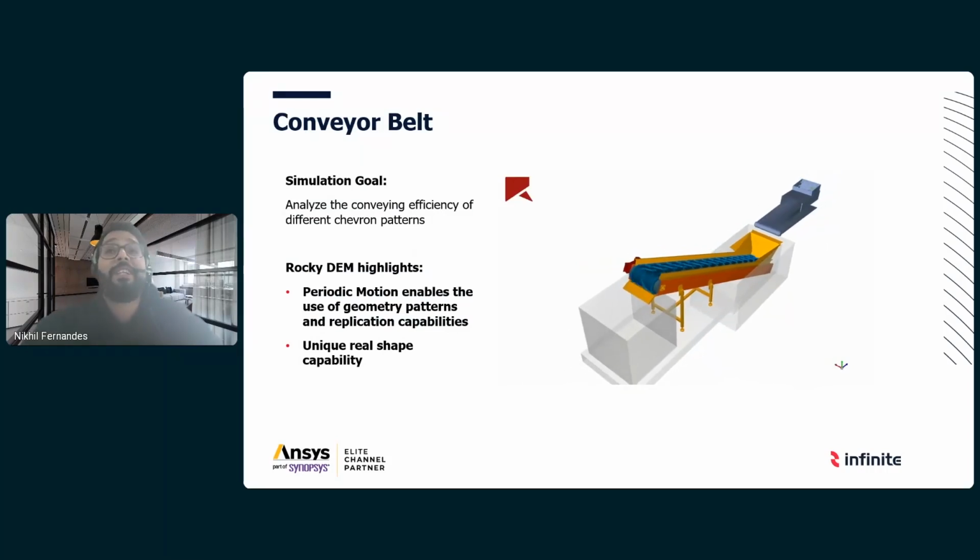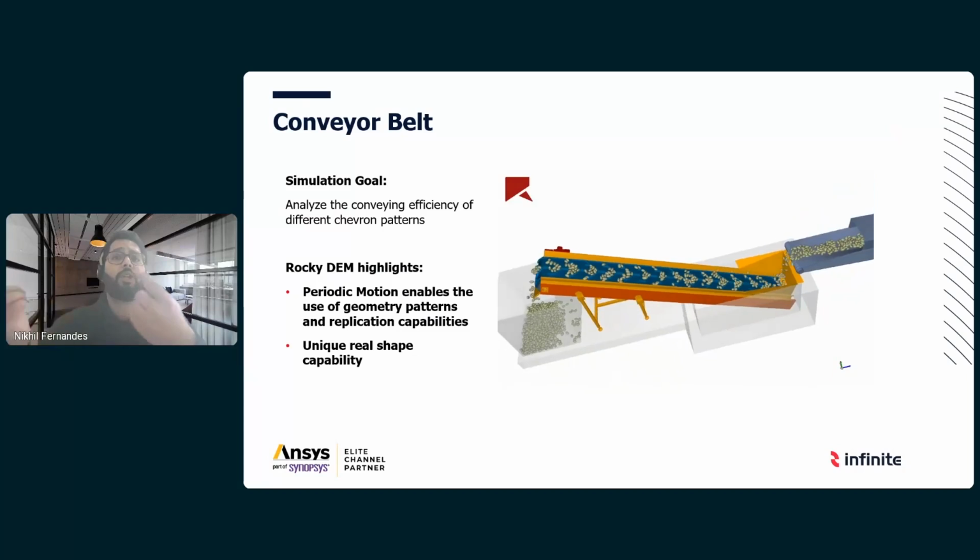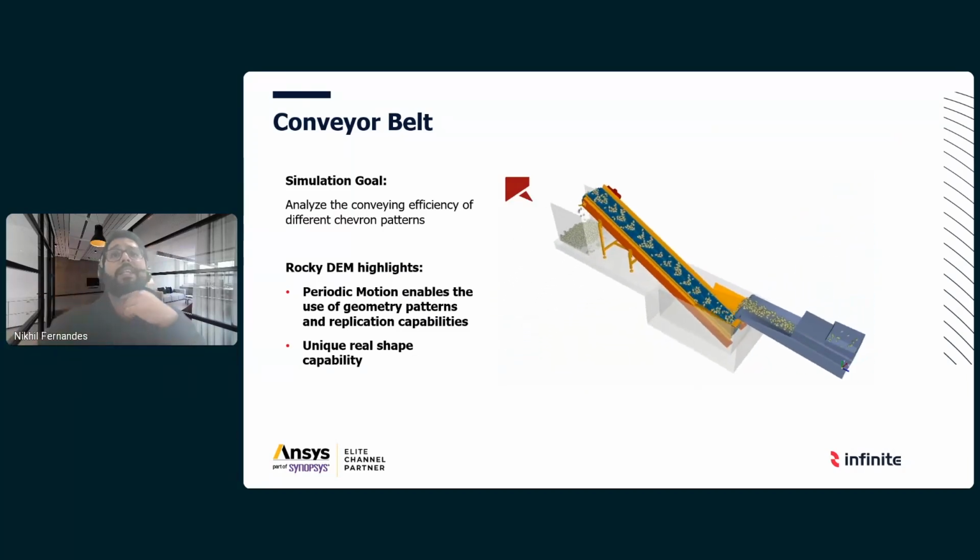And now, since we're in the Benelux and we are known as the potato land, I would say, we have an example of a conveyance of potatoes on this particular thing, which is called the chevron pattern. Rocky also has some inbuilt geometric features where we can repeat the chevron pattern itself.